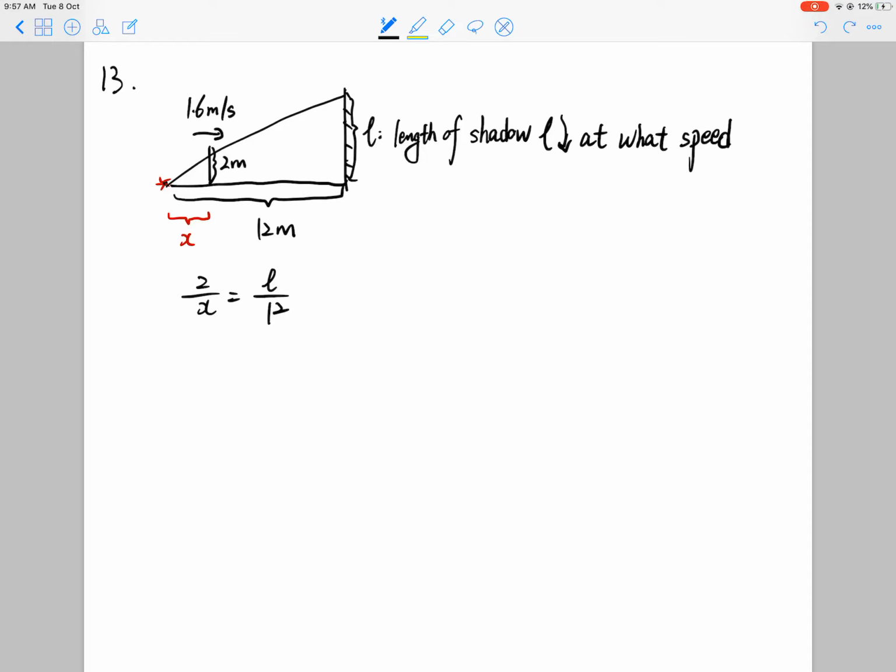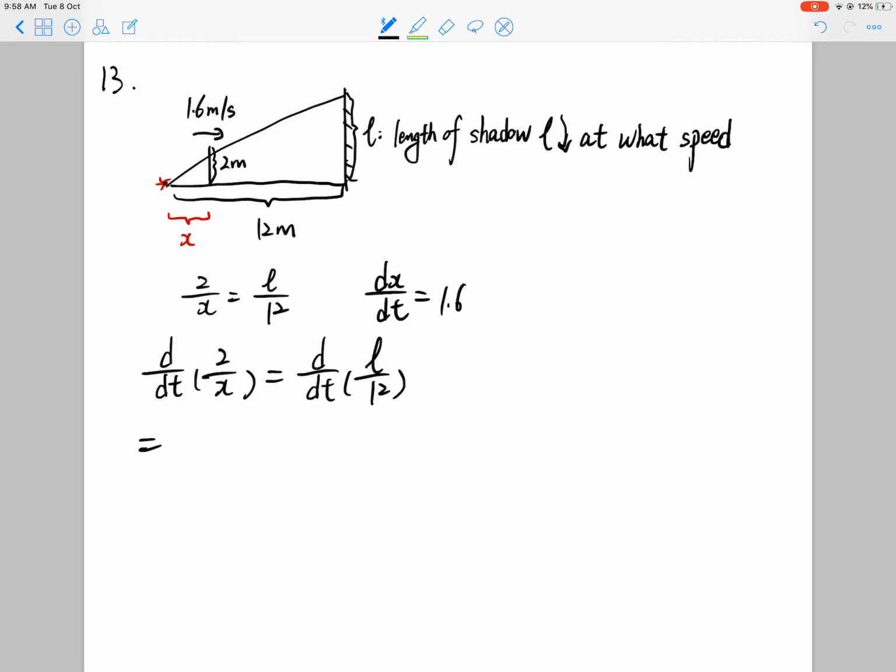Then you want to know the speed, right? You already know dx over dt is 1.6. So you differentiate both sides in terms of t. Here is a chain rule.